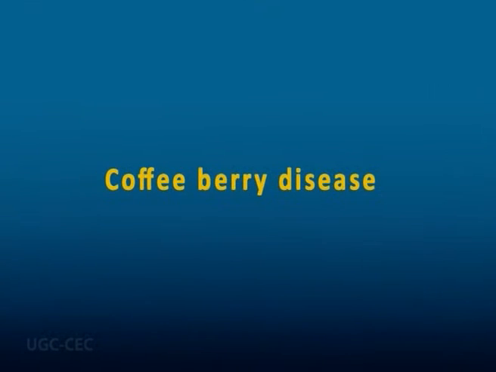Now another disease caused by Colletotrichum is coffee berry disease. The causative organism for this disease is Colletotrichum kahawae. Symptoms of this disease: this pathogen infects all stages of the coffee crop, from flowers to ripe fruits and occasionally leaves.